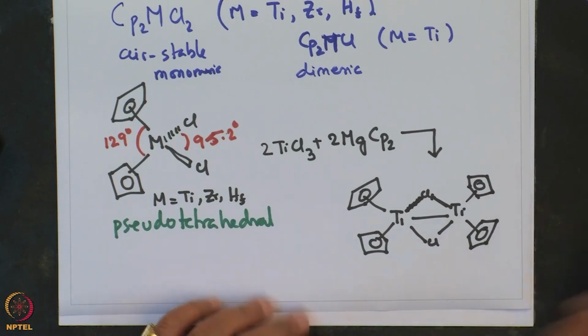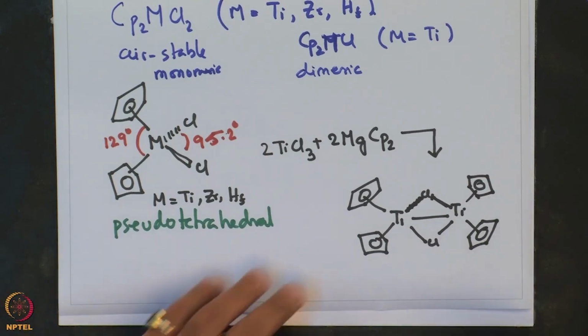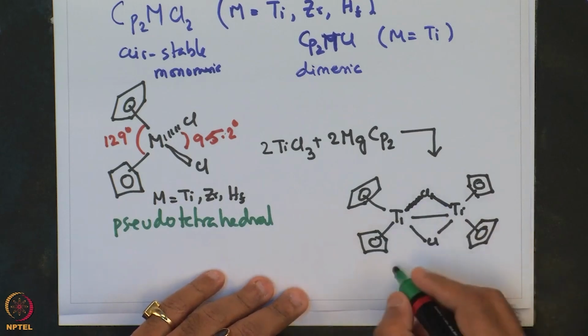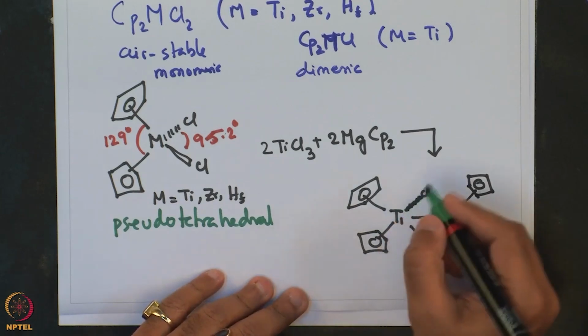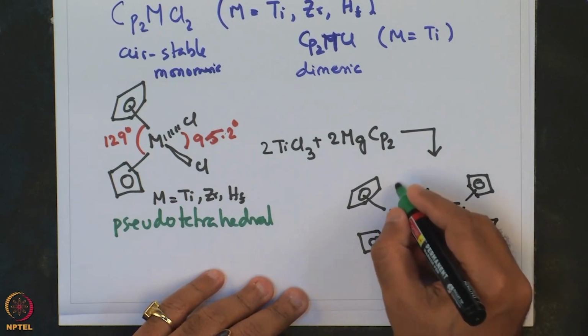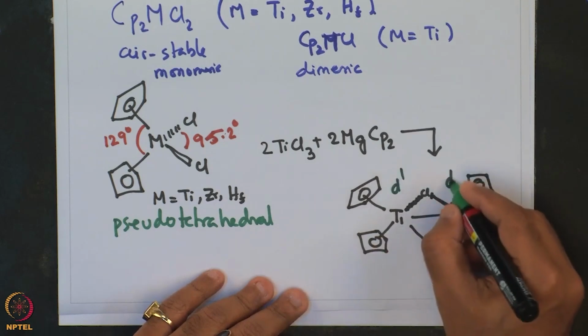Now, the interesting thing about this compound is that it is paramagnetic, a paramagnetic d1 system.